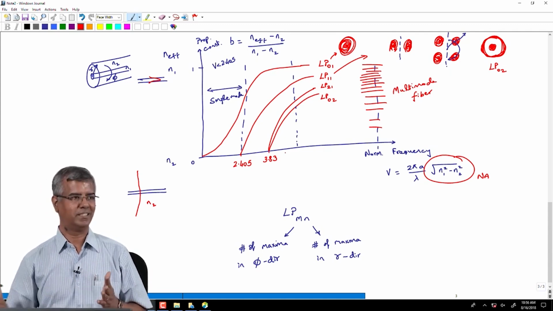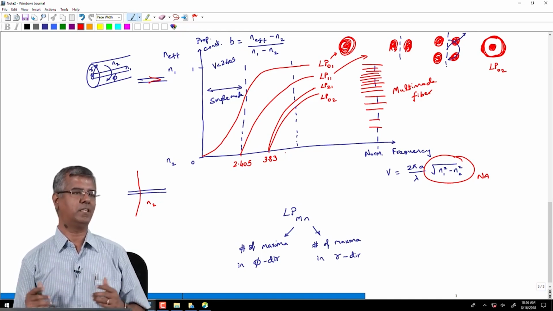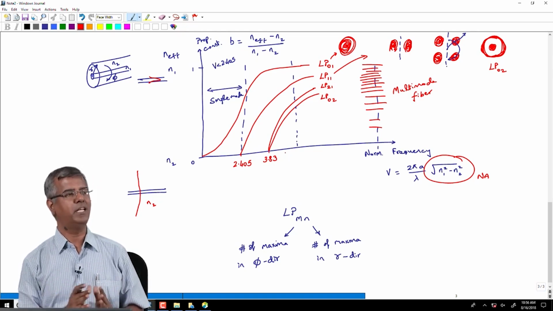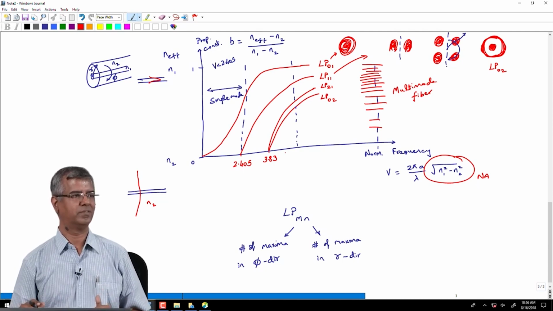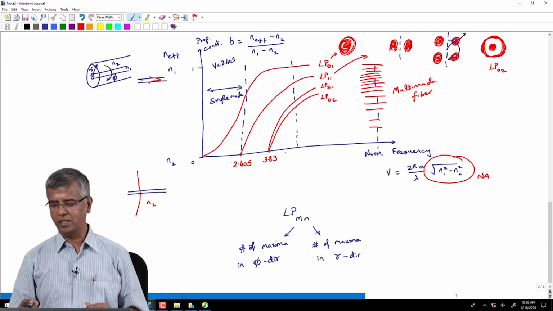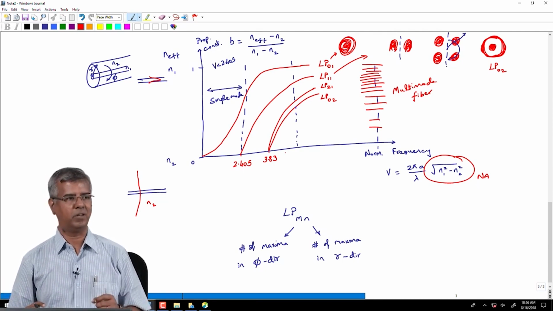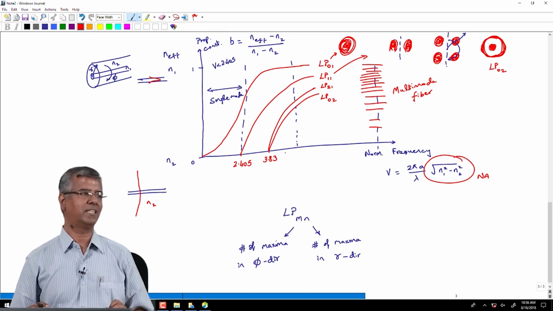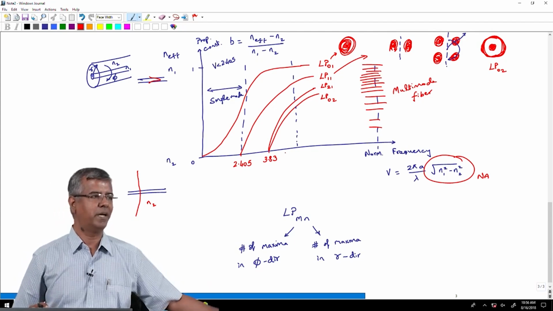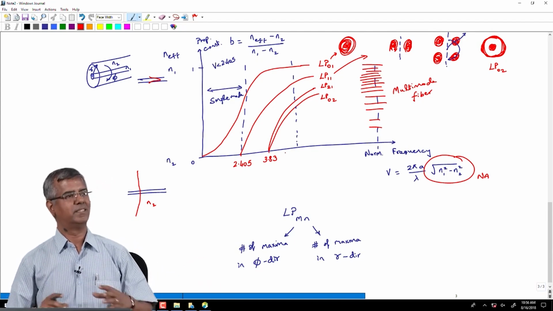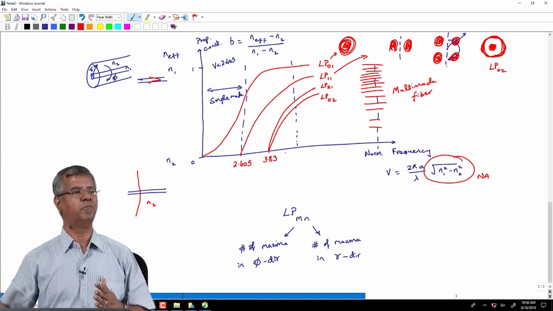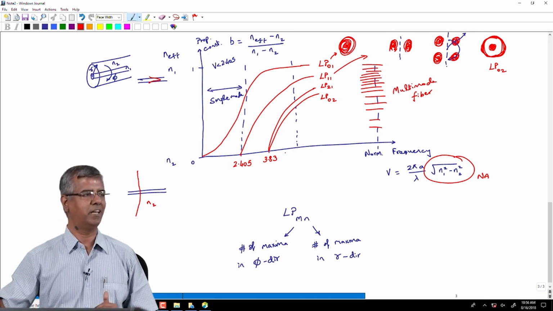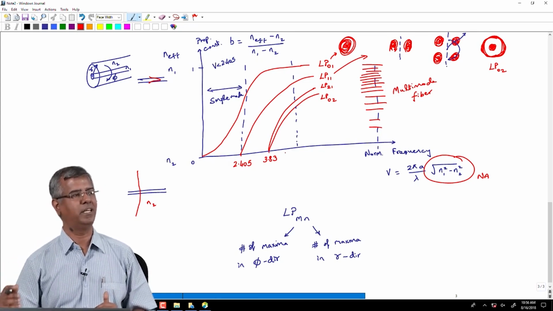But depending upon the wavelength at which you use it, the V number can change. In other words, let us say you have a 10 micron waveguide. You can come in with a wavelength of 10 micron and you will find that it acts like a single mode waveguide. You can come in with a wavelength of 1 micron and you will find that it has a higher V value, so it will actually support more modes.